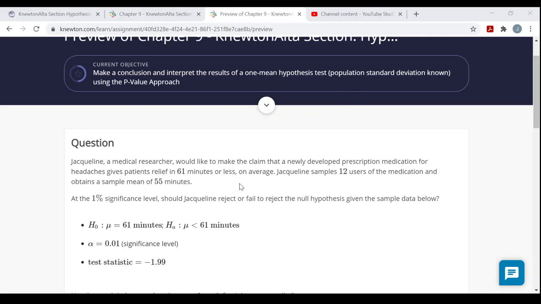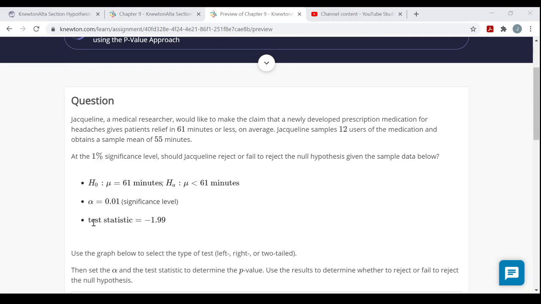Population standard deviation known. And she found the test statistic, the z-score for this 55-minute sample mean, was negative 1.99. So this sample mean of 55 minutes is almost 2 standard deviations below the assumed mean of 61 minutes.